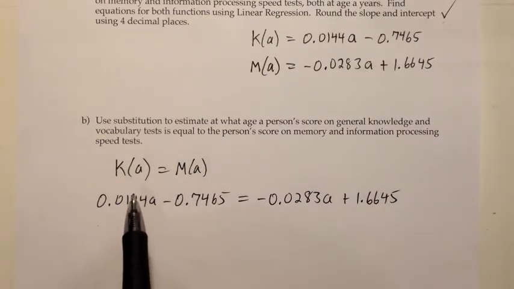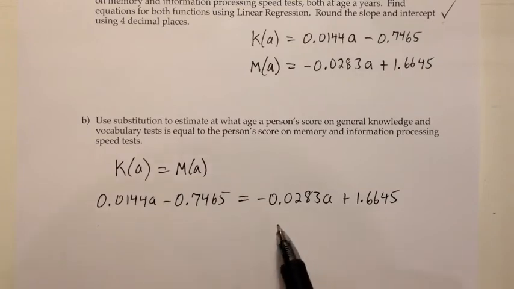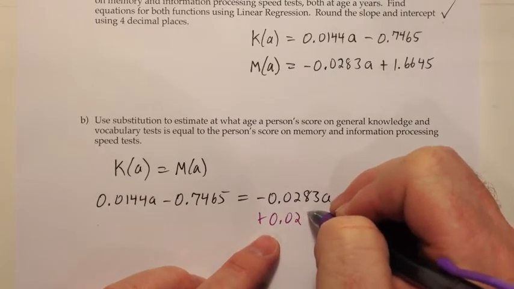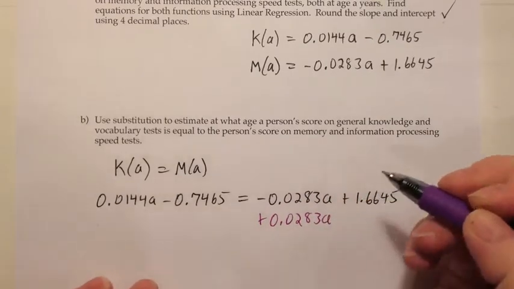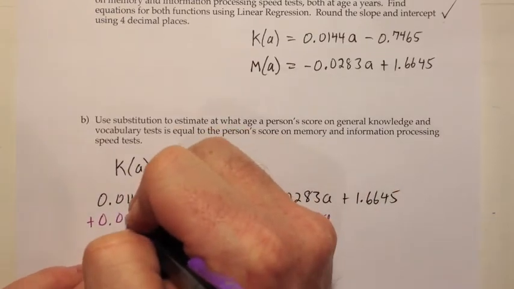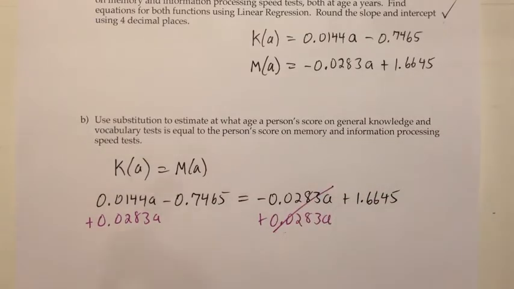So we set the two functions equal, we change that over to their rules, and now we try and solve this for a. So I would add 0.0283a to both sides. That's going to cancel these.